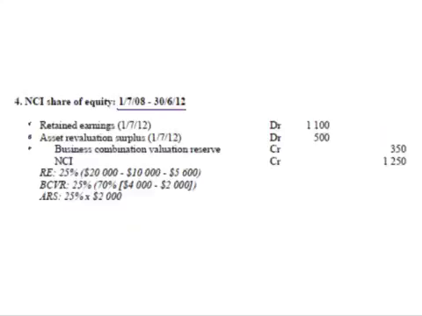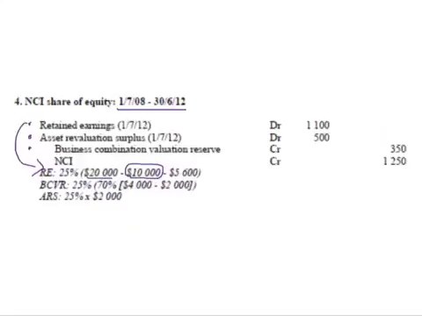So if we look at retained earnings, we first of all have to calculate the profit that was reported by the subsidiary over that period. So we've got our opening retained earnings, and we know what our retained earnings was on acquisition date. So the difference between those two balances represents the profit or earnings that was made by the subsidiary over that total time.